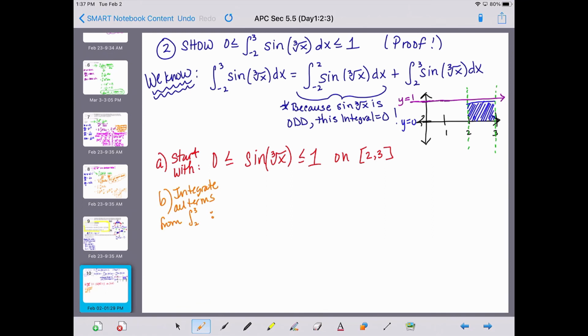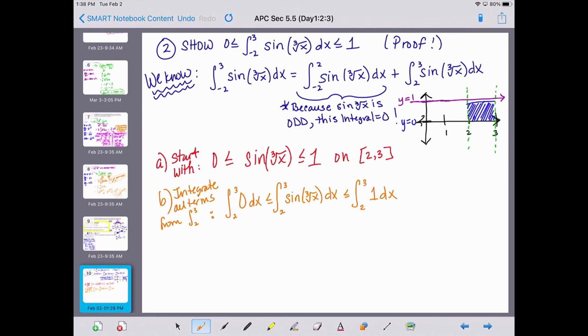Okay, so when I do that, I am going to have the integral from 2 to 3 of 0 dx is less than or equal to the integral from 2 to 3 of sine of the cube root of x dx is less than or equal to the integral from 2 to 3 of 1 dx. Okay, so I just integrated all terms from 2 to 3.